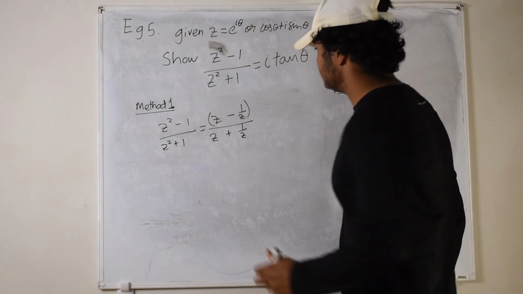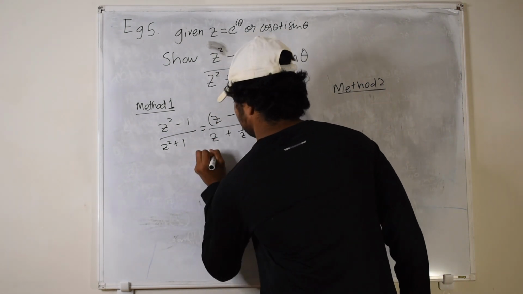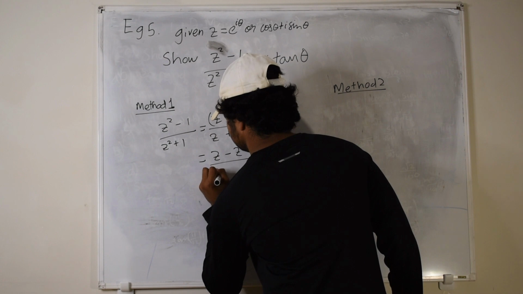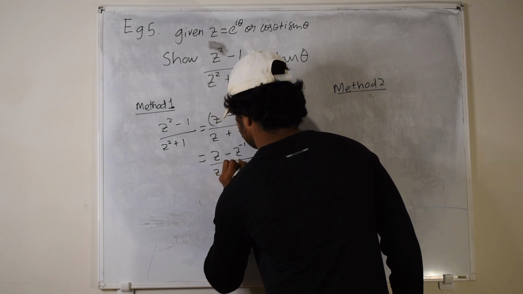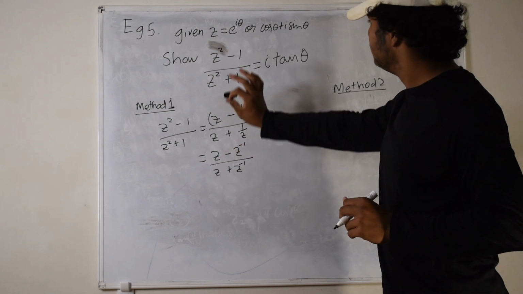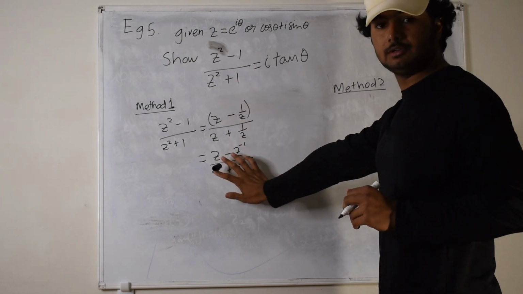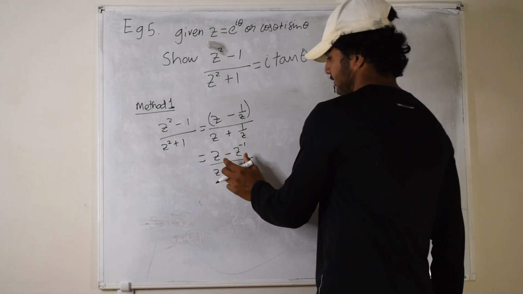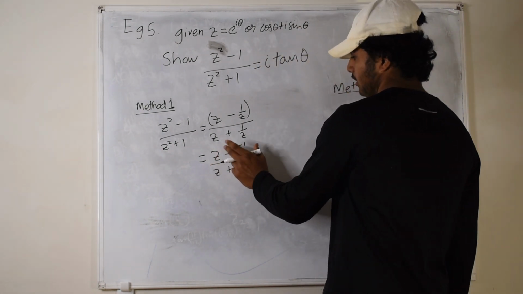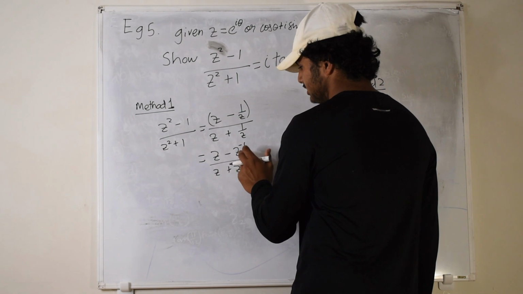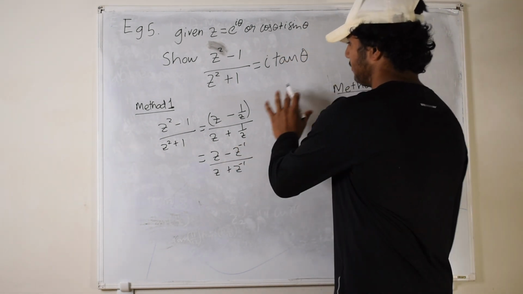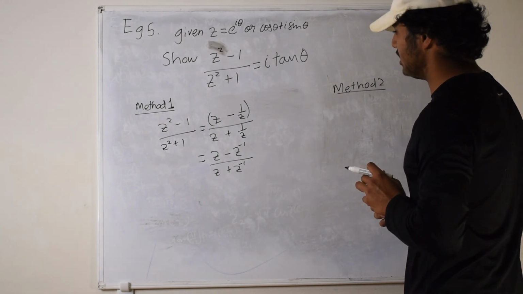So we can rearrange this into z minus z to the negative 1, upon z plus z to the negative 1. In the previous example, we had something similar to this. This is basically De Moivre's theorem, where z to the n minus z to the negative n is just 2i sin n theta, like we developed in the previous example.